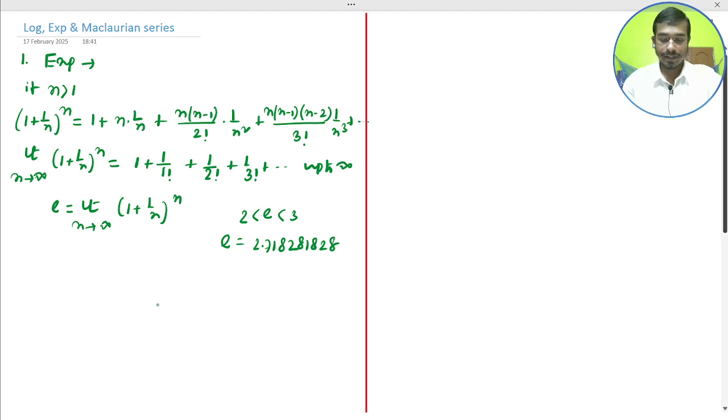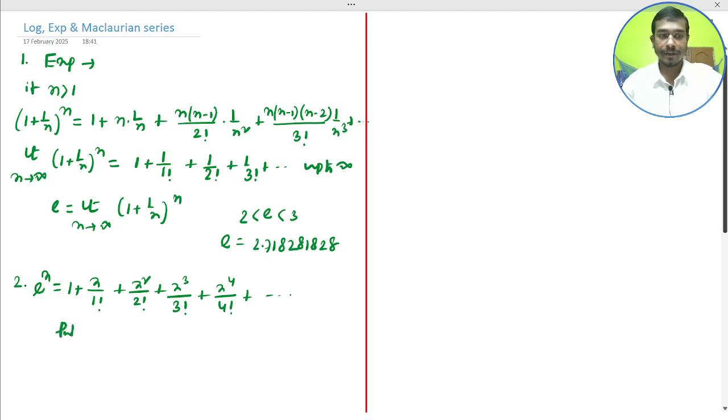Okay. Next, the exponential series, e to the power x, is 1 plus x by 1 factorial plus x square by 2 factorial plus x cube by 3 factorial plus x to the power 4 by 4 factorial plus dot dot.